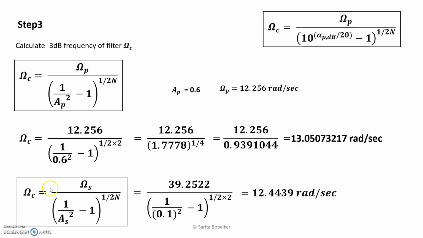And when we calculate Ωc using the stopband specification, see the difference between the passband edge cutoff frequency and Ωc. So here the difference is very less when we calculate using the stopband specification, and in this case the difference is large. Why have I preferred this passband specification?